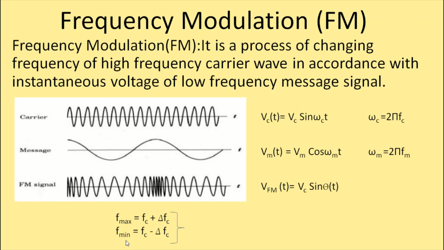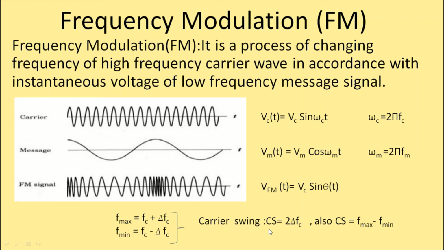This overall swing is known as carrier swing and is given as the difference between Fmax and Fmin. That is nothing but Fc plus delta Fc minus Fc minus delta Fc. So if you simplify this equation, what you get is the carrier swing equal to 2 delta Fc. Alternatively, there is another formula for carrier swing, that is Fmax minus Fmin.